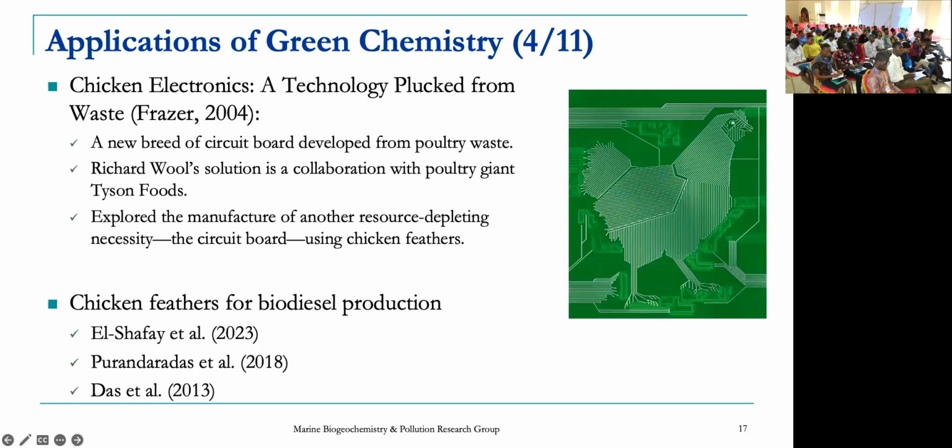Green chemistry has also found application in a new breed of circuit board developed from chicken feathers. You wouldn't even believe this. Richard Wood, a former director of the Affordable Composites from Renewable Sources program at the University of Delaware, found a way to use chicken feathers to make computer chips.